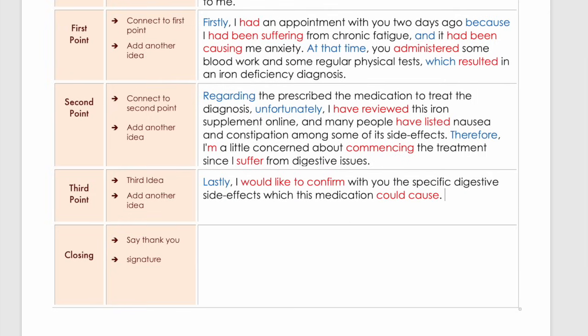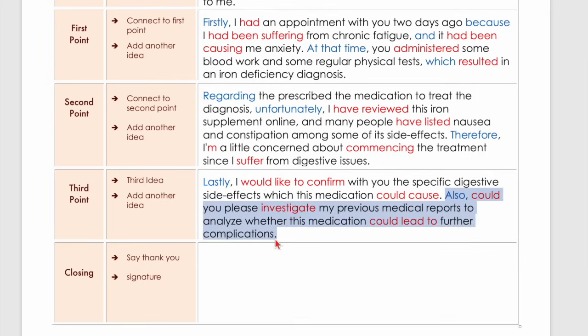Okay, and what else? Maybe, let's see. Also, could you please investigate my previous medical reports to analyze whether this medication could lead to further complications? Okay, so as you know, the doctor does have a look at your previous medical reports.